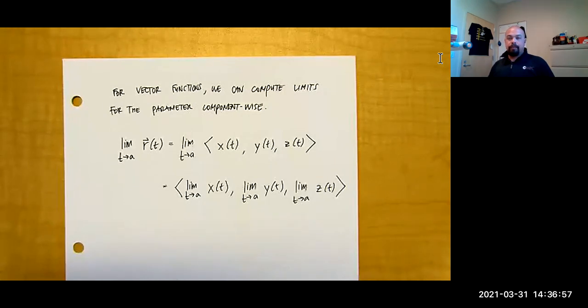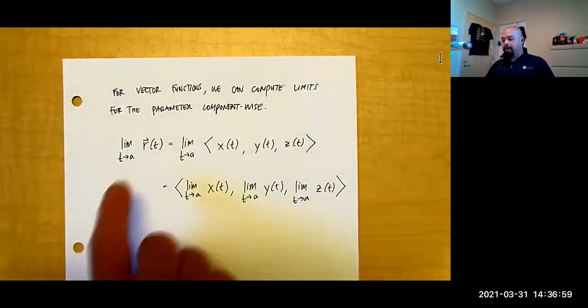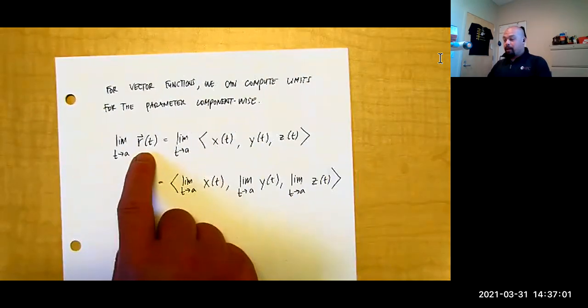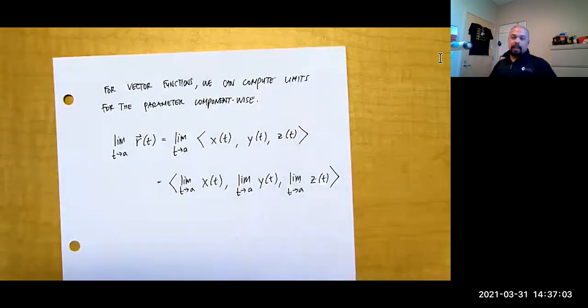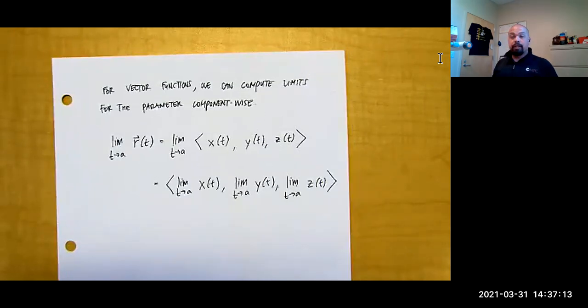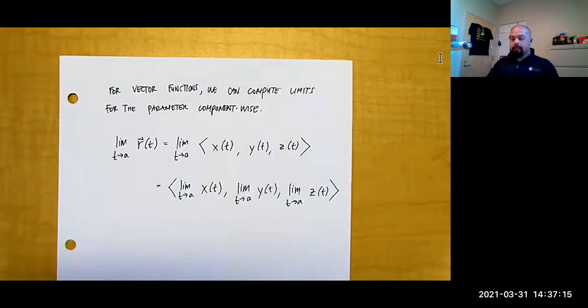If this is the location of a particle moving through space, the velocity and acceleration, using those derivatives, are all built upon the limit notation. So there's our introduction to some of these vector functions, space curves, and we'll get into applications of these and some calculations as we further this discussion.